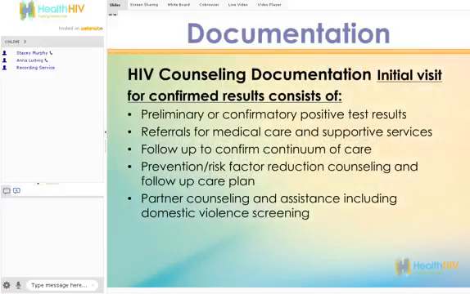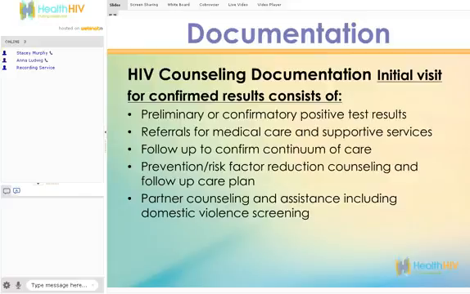HIV counseling documentation for patients who now have a confirmed positive result, HIV positive, or have AIDS infection. Preliminary or confirmatory positive test results should be notated in the record.